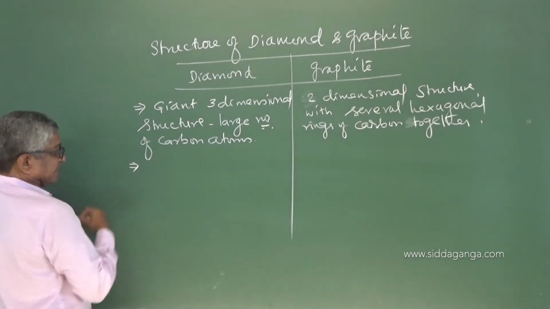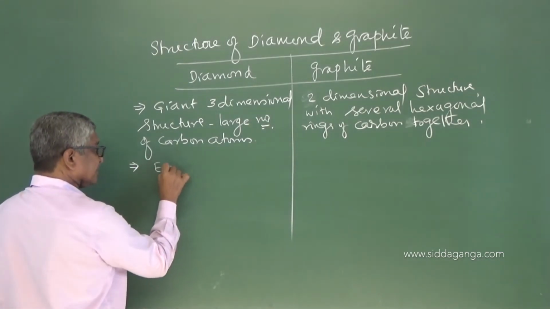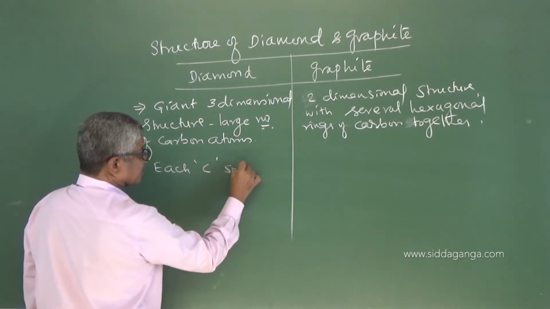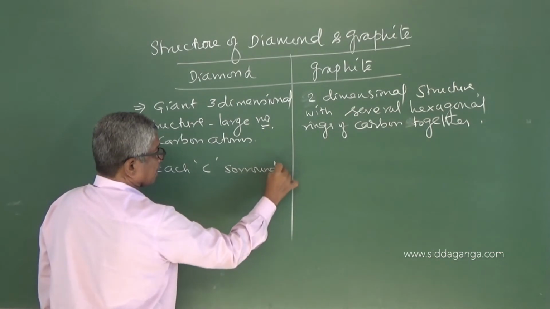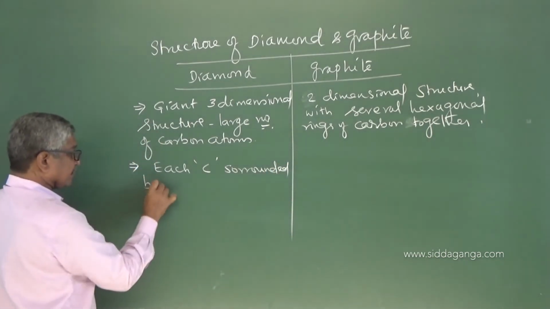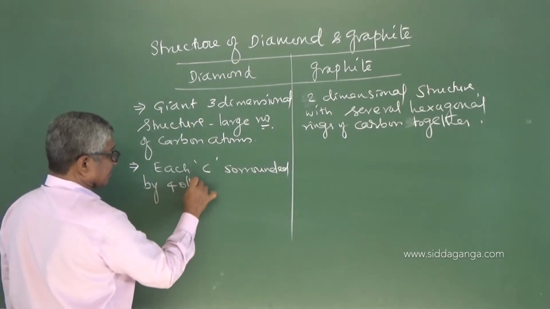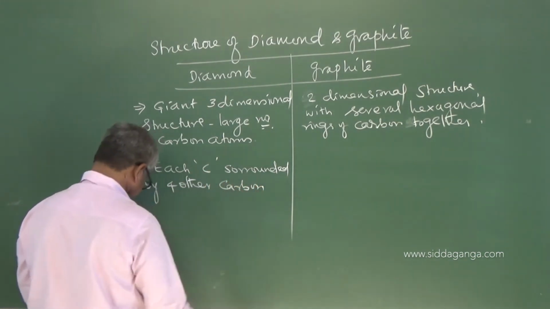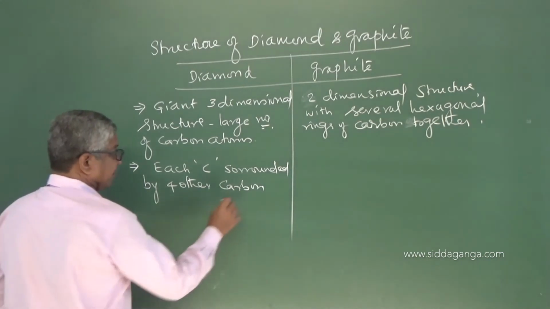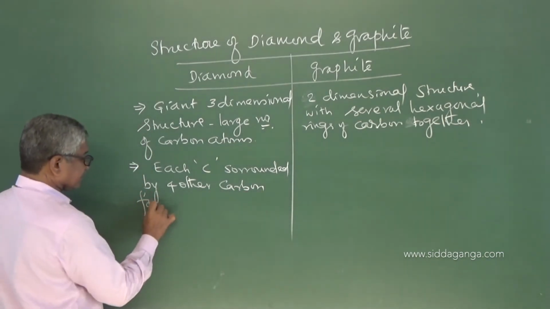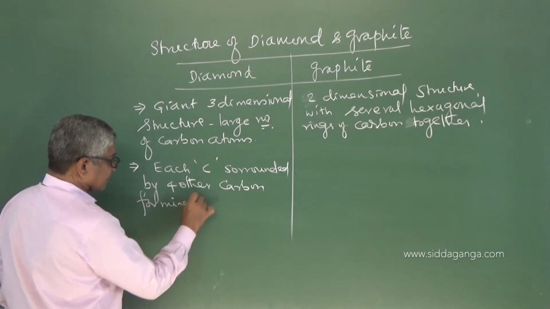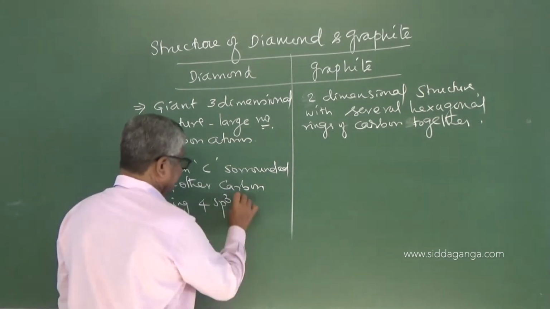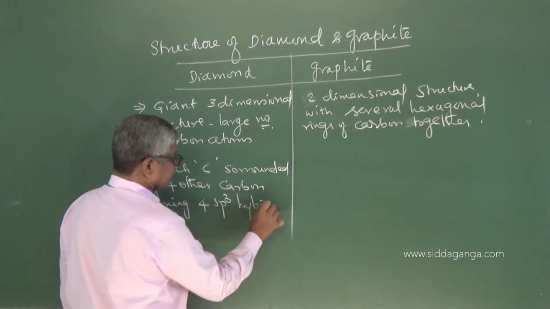Here in diamond, each carbon is surrounded by four other carbons, forming four sp3 hybrid orbitals.